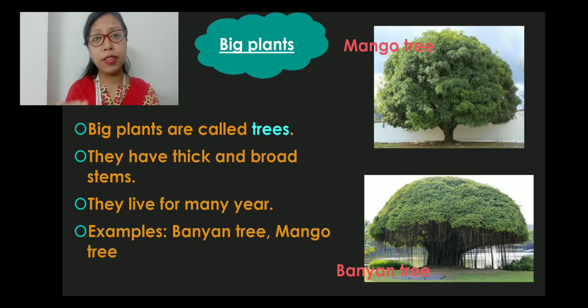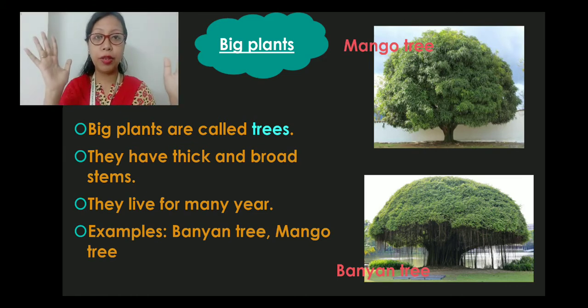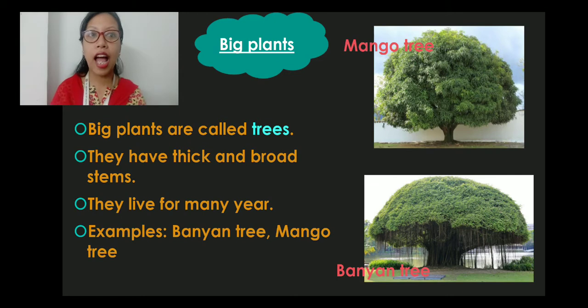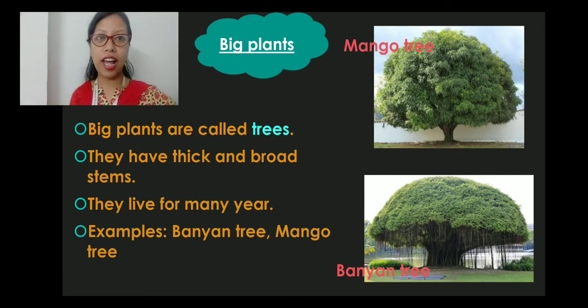Small plants will have a small stem, and big plants will have a thick stem. Thick means very mota. Thick and broad stems. Now as you are looking on the screen here, I have a mango tree and a banyan tree, right?